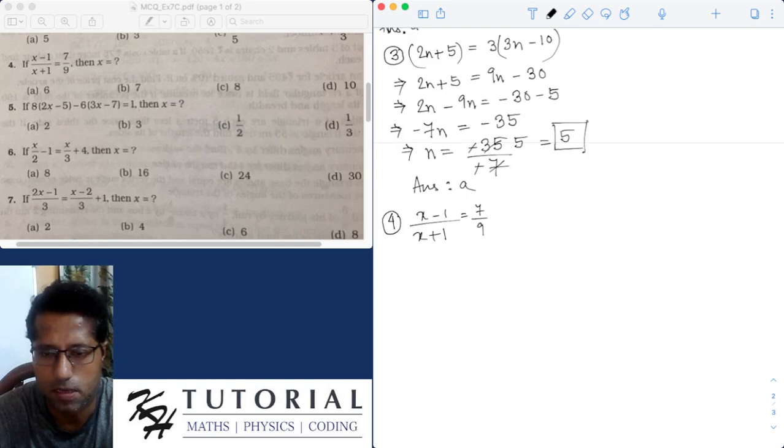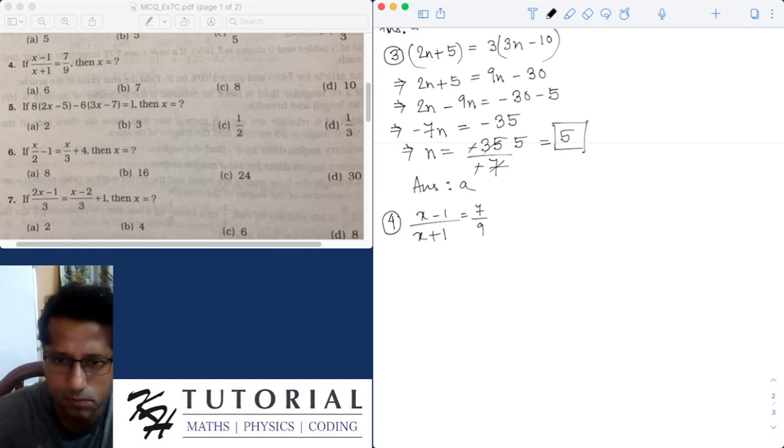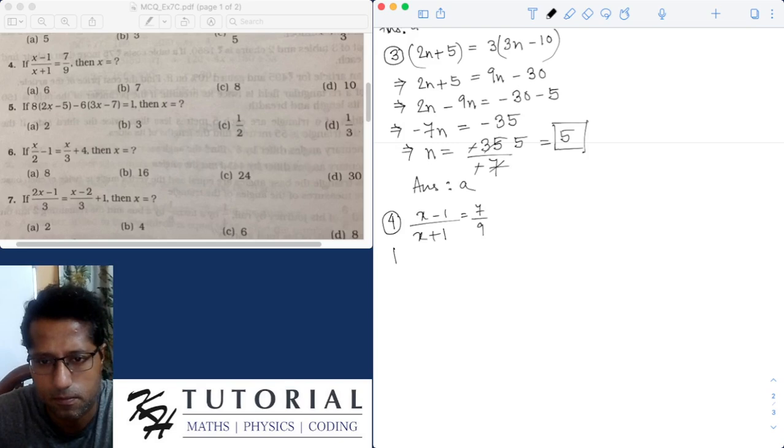Now, one way to do it: since you do not know x plus 1, how can I find the LCM of x plus 1 and 9? What we can do is multiply both LHS and RHS by 9 into (x plus 1).